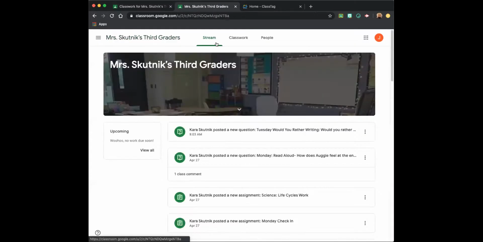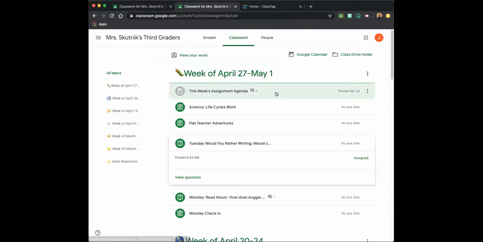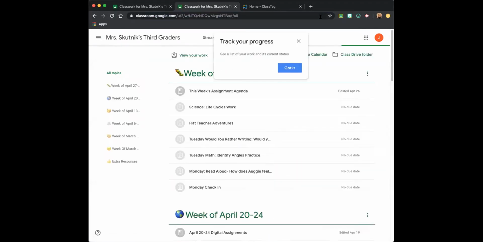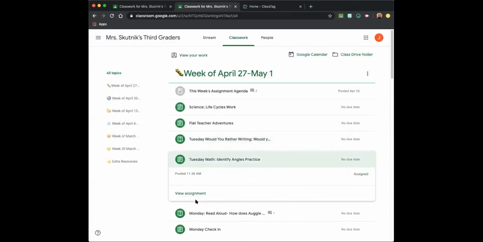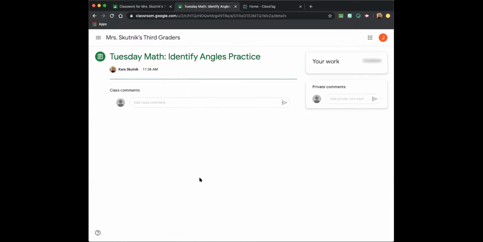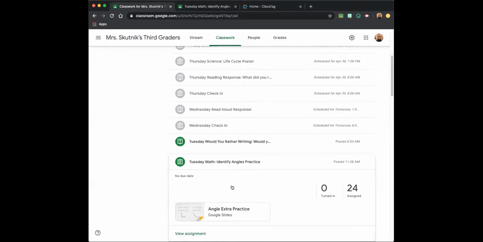So if we go back here, it should show up on the kids' side now too. I don't know what's taking so long. There it is, got it. Angle practice, we'll just click on this, click on view assignment. It will look like this.